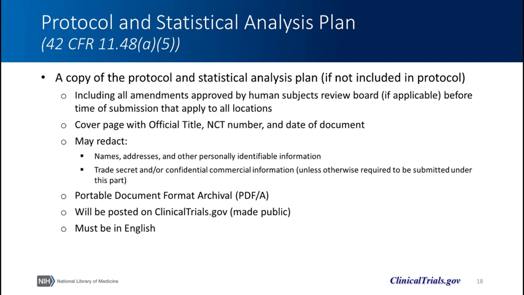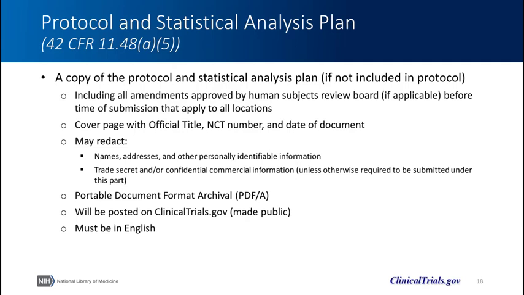The protocol and statistical analysis plan can be provided in a single document or as separate components, and should include all amendments to the protocol approved by the Human Subjects Review Board before the time of submission that apply to all the study locations. Each document should include a cover page with the official title of the study as entered on ClinicalTrials.gov, the NCT number, and the date on which that version of the document was completed.